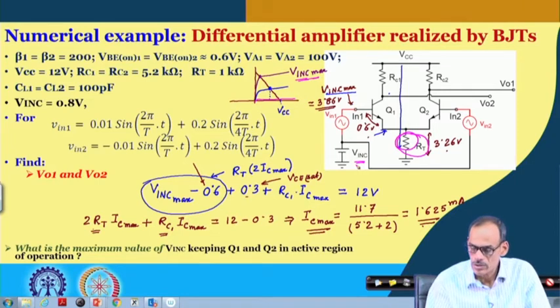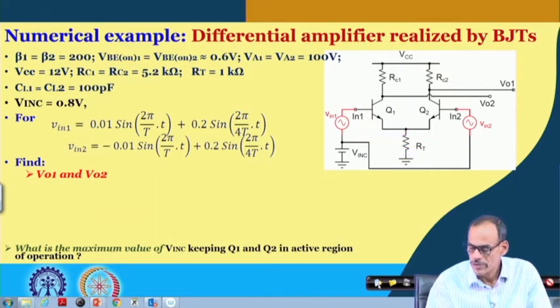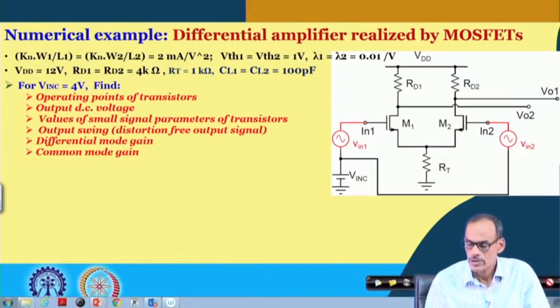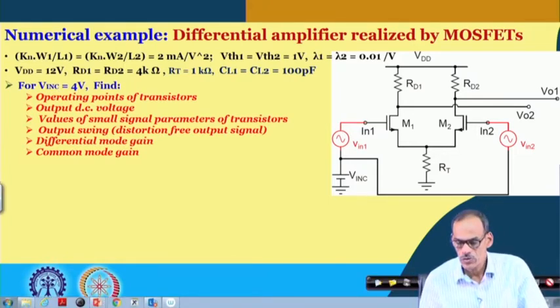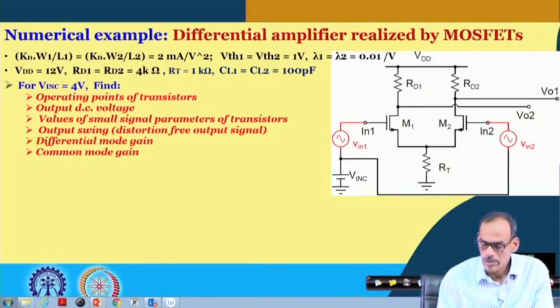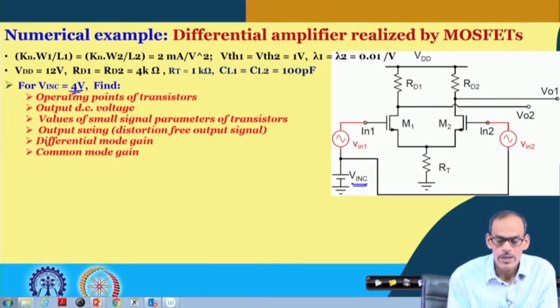Now, coming to the differential amplifier realized by MOSFET, and going back to the similar exercise. Yeah, so here we do have a differential amplifier realized by MOSFET. It is very similar to BJT, but of course the IV characteristics here are different. So, again let us consider a meaningful value of the input DC voltage of 4 volt, and different parameters are given.